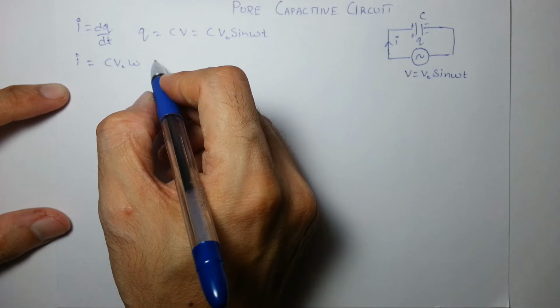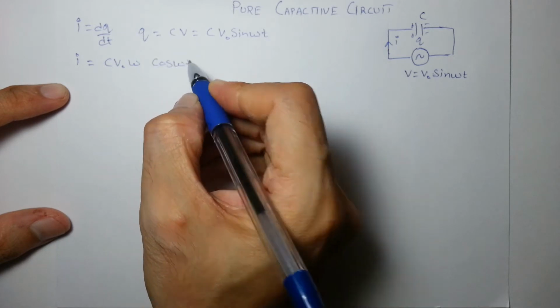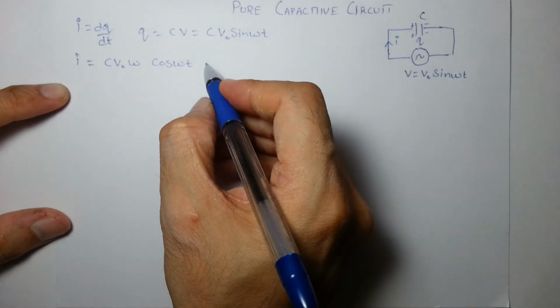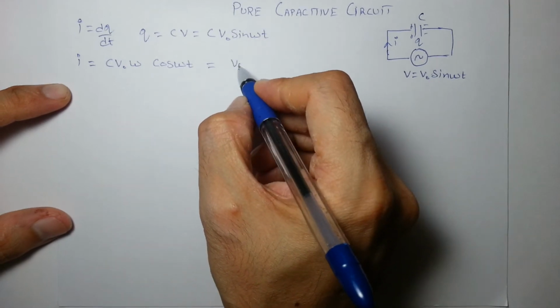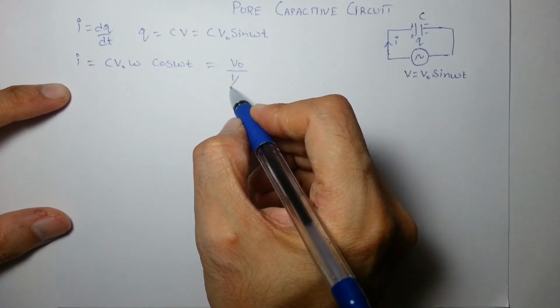Differentiation of sine will be cos omega t. Okay, so we can also write this as V0 by 1 by omega c.